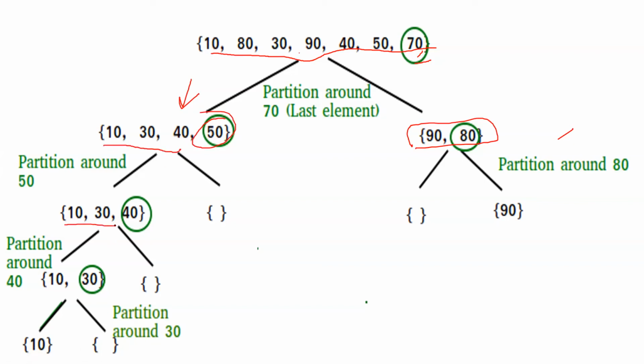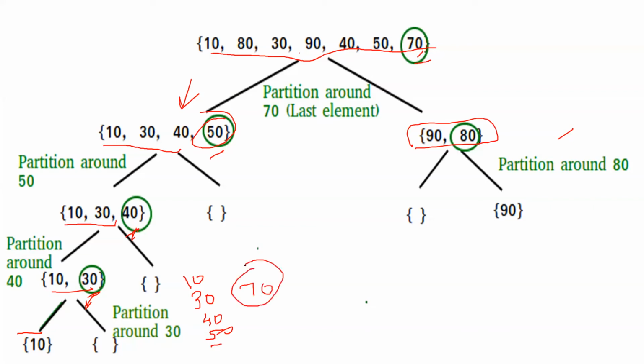Again, the last element is 40, and the elements less than 40 are 10 and 30. Partitioning on 30, the element less than 30 is 10. So the order is 10, 30, 40, then 50, and then 70, the pivot element.